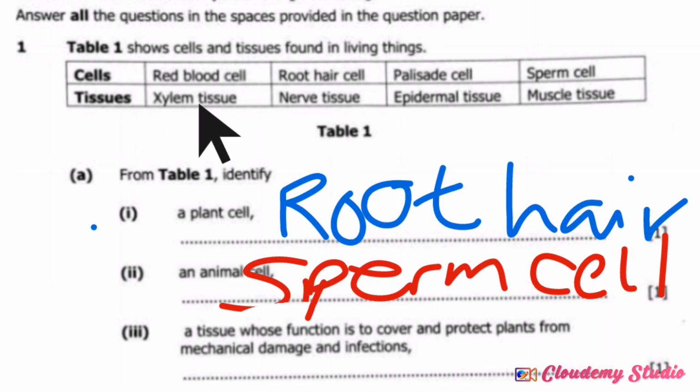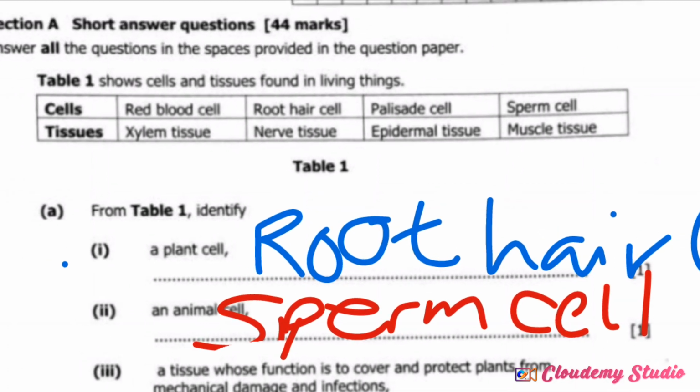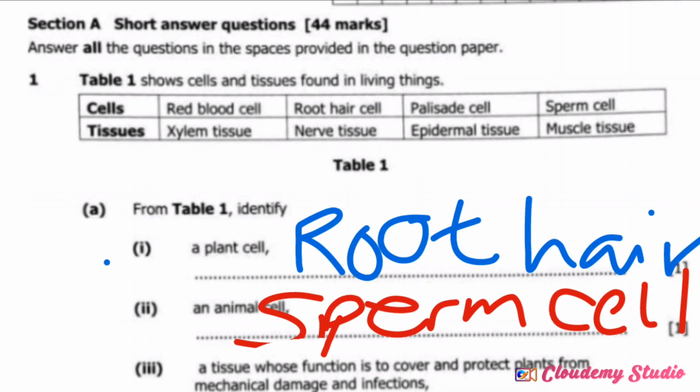So from down we've got the xylem tissue, nerve tissue, epidermal tissue, muscle tissue. Definitely we know xylem is from plants, then epidermal tissue from plants, and they're asking about protecting plants. That's the question. So meaning this tissue must be a plant tissue. So between the 2, epidermal tissue and xylem tissue, which of these 2 is a tissue that is used to protect and cover the internal parts of the plant?